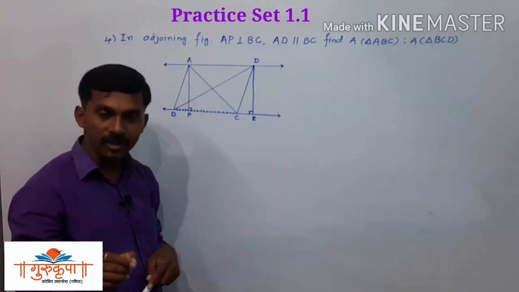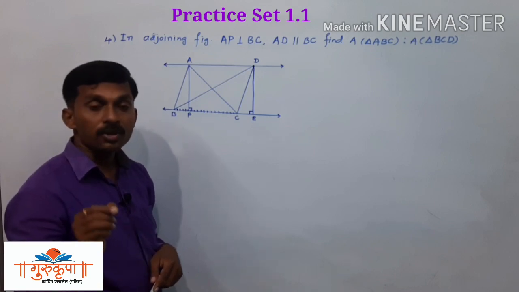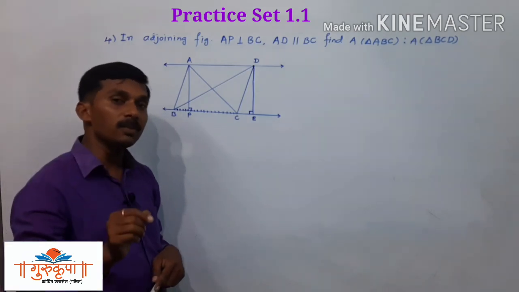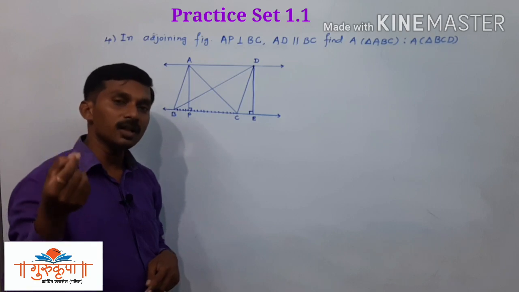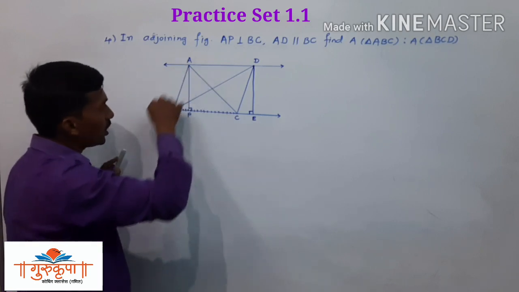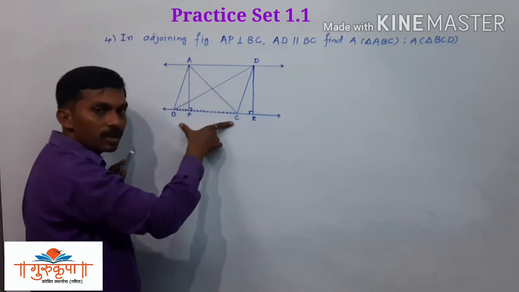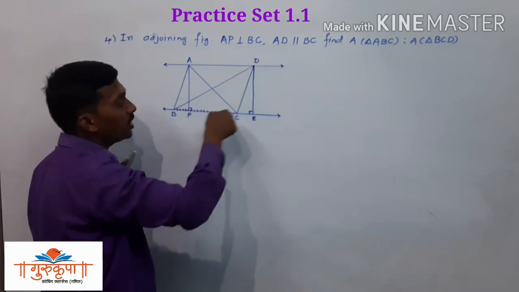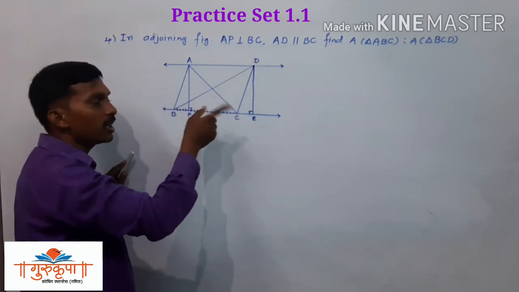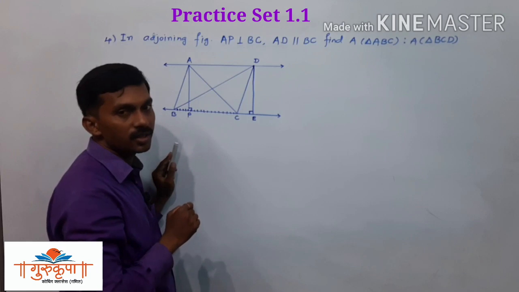It means that both the triangles have equal bases and equal heights. The base of triangle ABC is BC. The base of triangle BDC is BC. Both the triangles have equal bases.